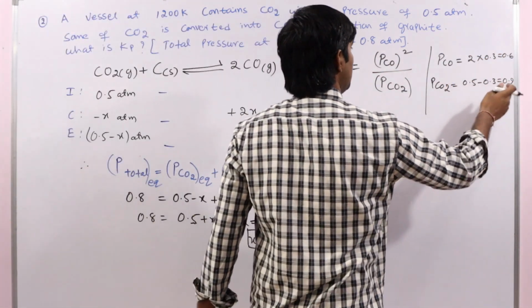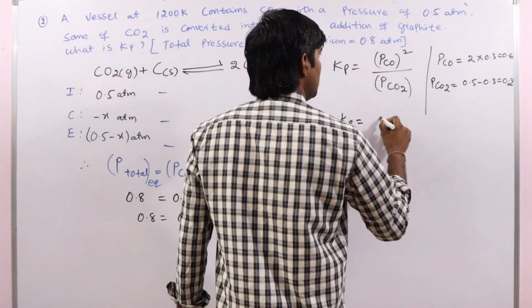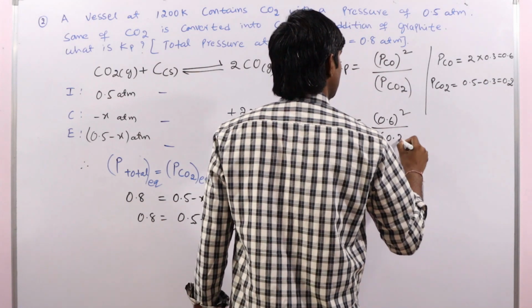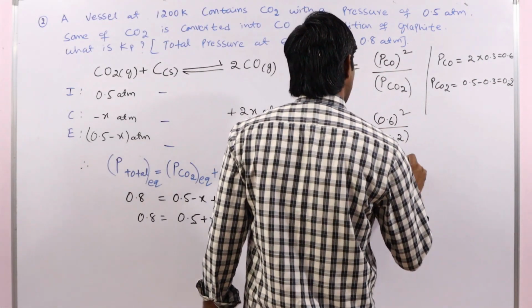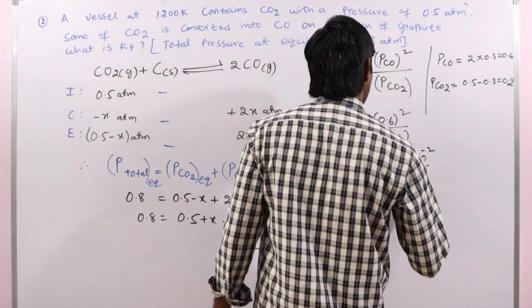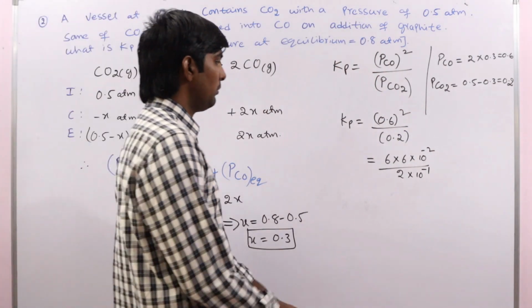Now substitute these values in this expression. So Kp is equal to 0.6 whole square by 0.2. We can write this as 6 into 10 power minus 2 by 2 into 10 power minus 1.